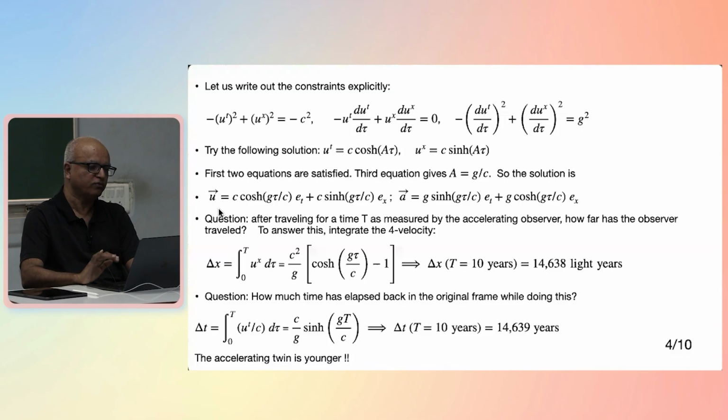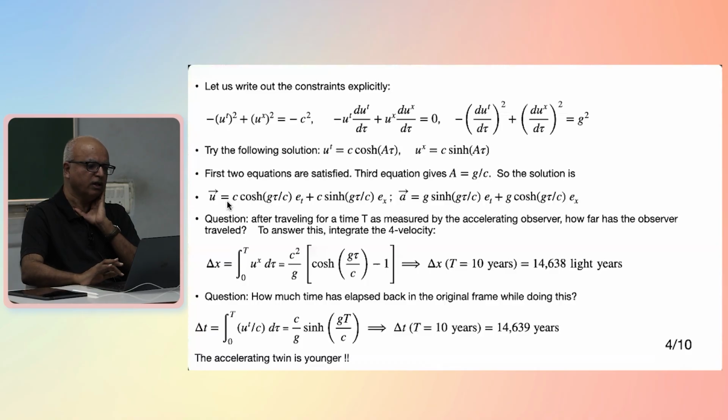So, what is my 4 velocity? The solution is c cosh(g tau by c), that is coming from here, along the time direction, plus c sinh(g tau by c) along the spatial direction. What is the acceleration?